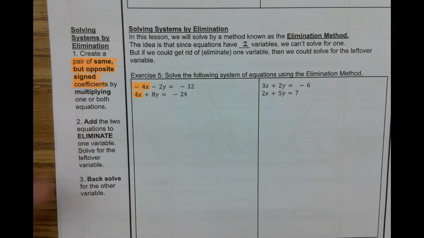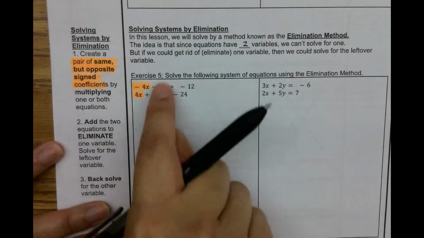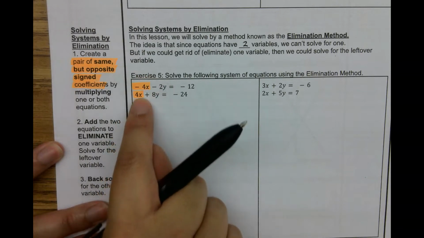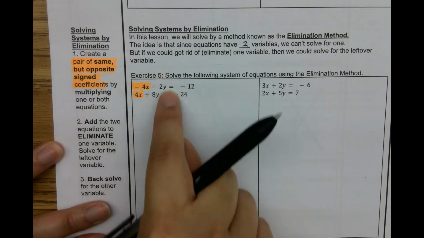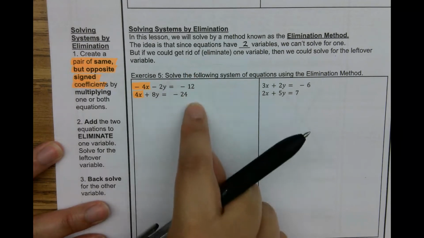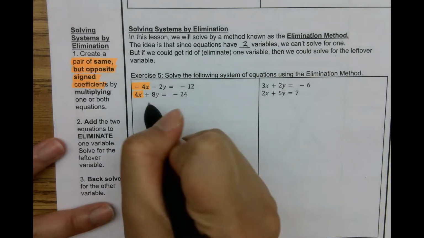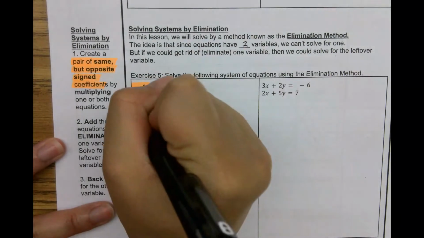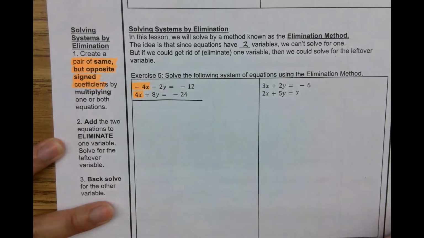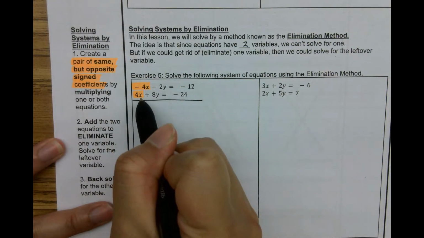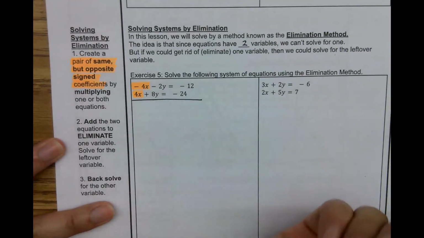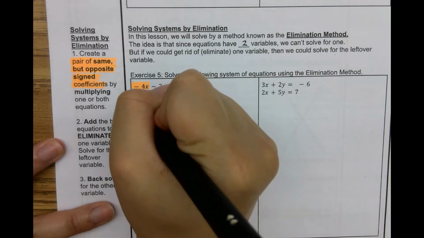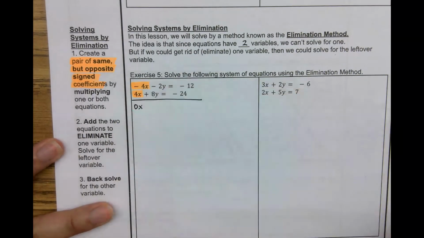Okay, so here it's important that you line everything up. You want x's together, y's together, equals on top of each other, and then your constants together. And what we're going to do is add the two equations. Negative 4x plus 4x is now 0x, so really, it's as if it isn't there at all.